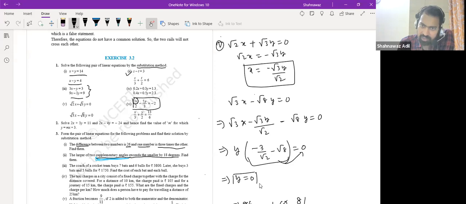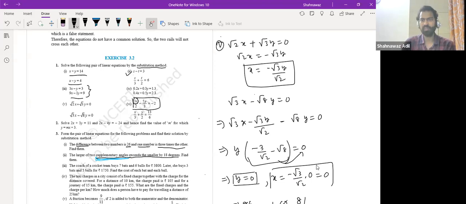If y is 0, then x is minus root 3 by root 2 into 0, which is 0. So x is 0, y is 0. This is right. Now you see that all these six problems are similar. So let us skip these and now come to this second question.